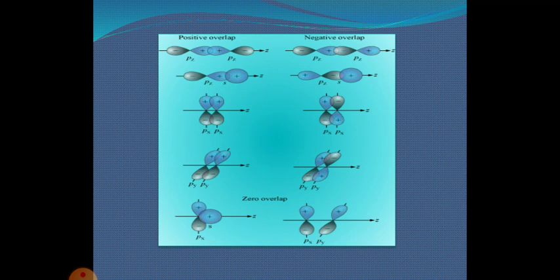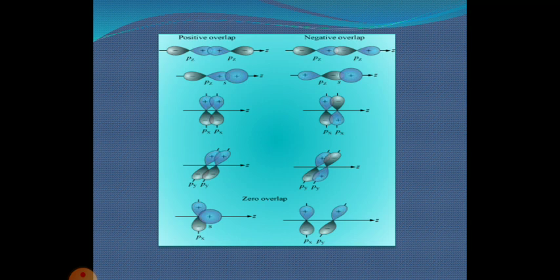In the first, two positive lobes combine, and in the second case the negative overlap takes place when the positive lobe of one atom combines with the negative lobe of another atom, meaning the px orbitals combine in the lateral form but with the negative lobes.